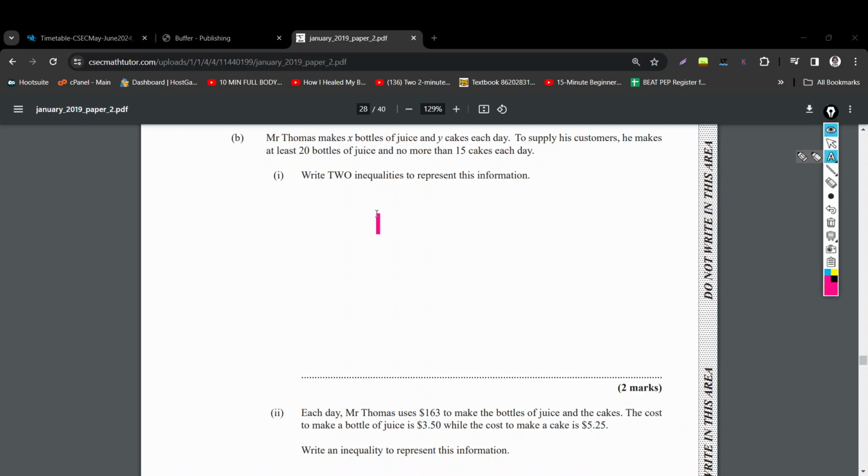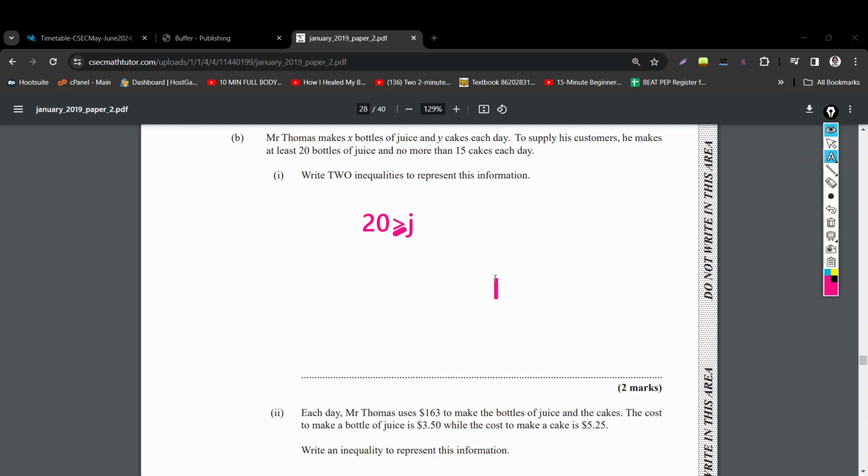Right? So he says at least 20 bottles of juice. So let's call juice J, and it has to be either 20 or more. So I would say J has to be greater than or equal to 20 for the juices. And then for the next one, he says no more than 15 cakes each day.